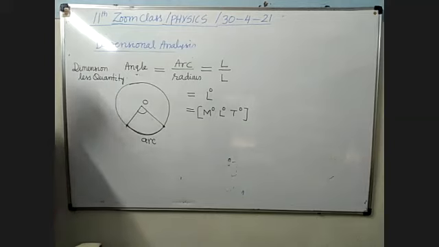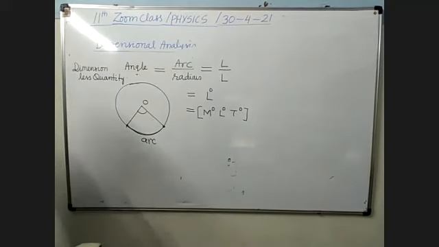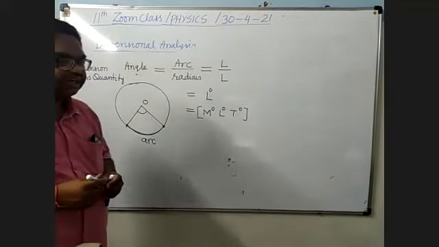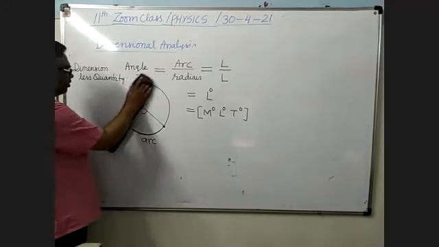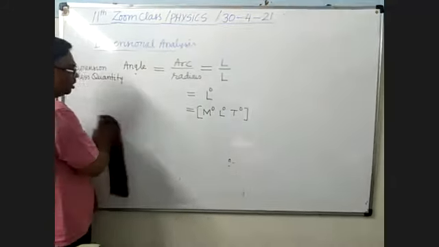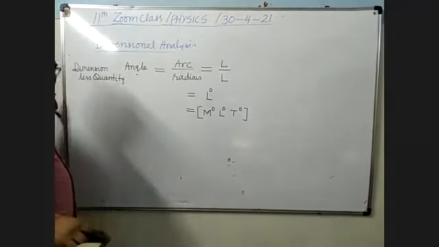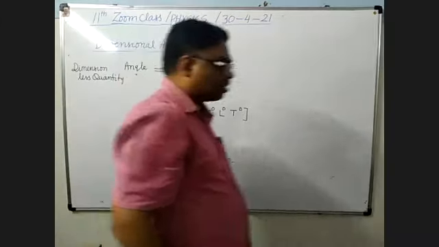Is clear? That's why one arbitrary unit has been assigned to it, and that arbitrary unit is radian. इसको एक arbitrary unit दी गई है. वो arbitrary unit का नाम क्या है? Radian है, which I have told in the previous videos. It's clear? Now you can see here, there is one more term.